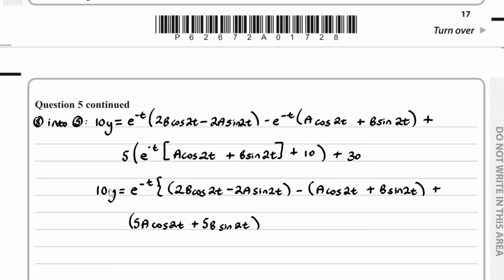And then we've got 5 times by 10, that's 50. And then we've got this extra 30.